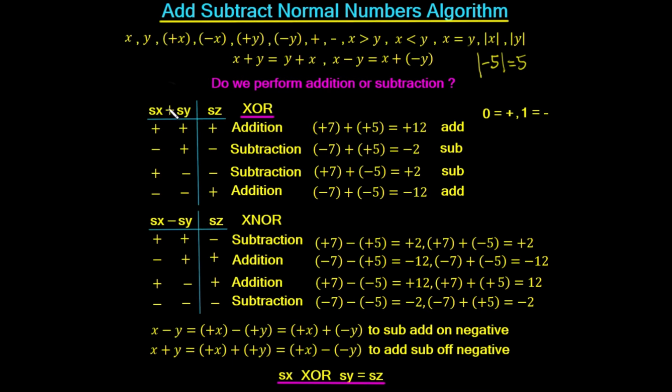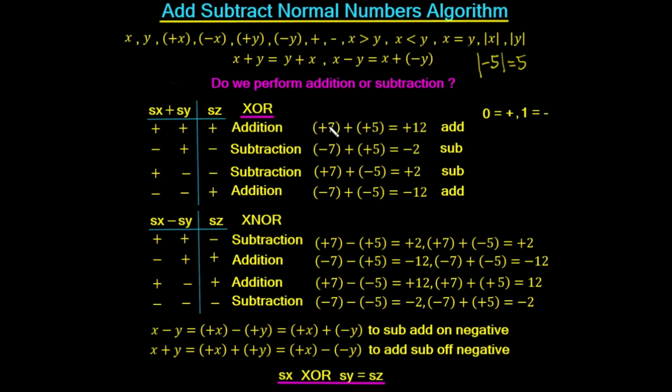So let's say we want to add together two positive numbers. We could also add together a negative and a positive, or we could add together a positive and negative, or we could add together a negative and a negative. Now whenever we add together two positive numbers, we get a positive number. So really what we're saying here is we perform an addition. Now the best way to look at this is via examples. So let's say we take the number 7 and the number 5.